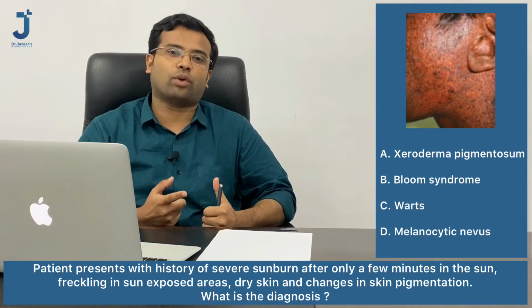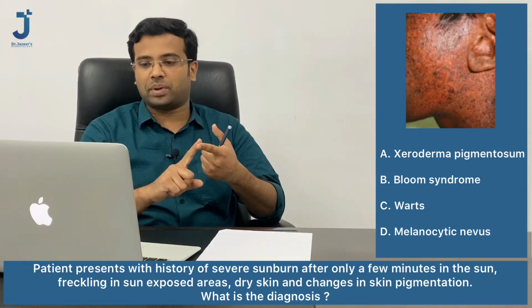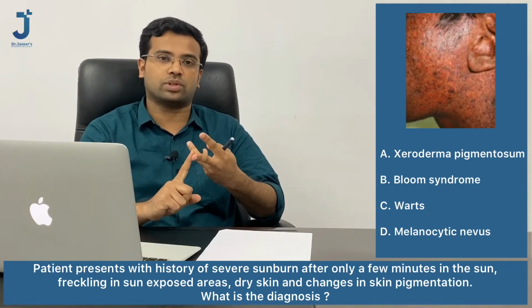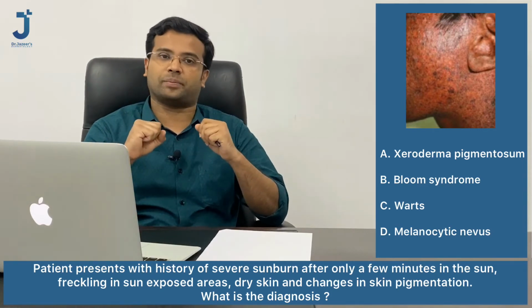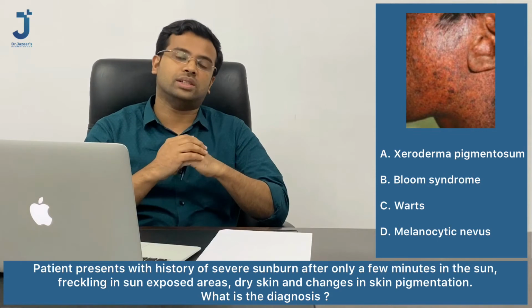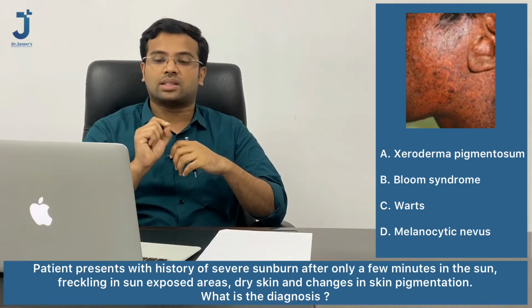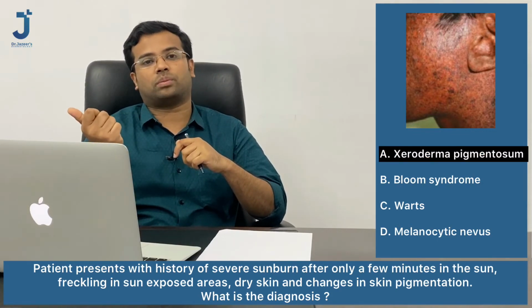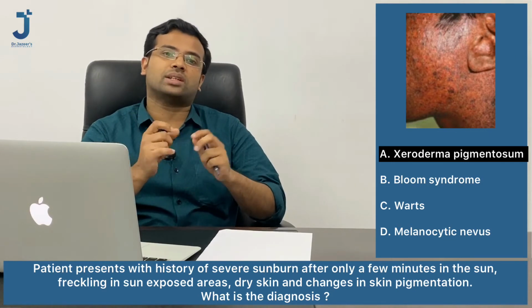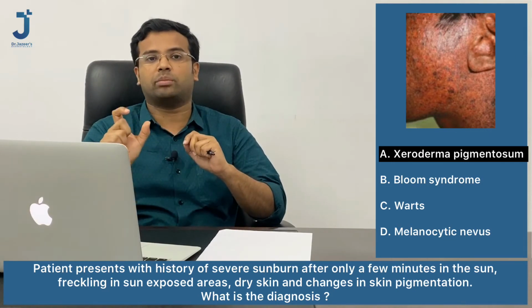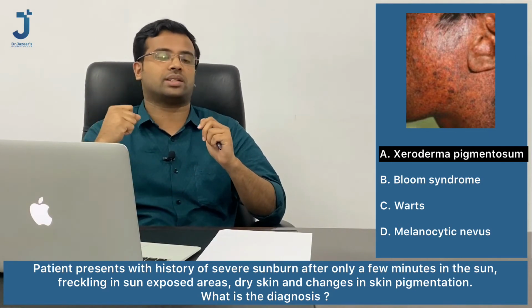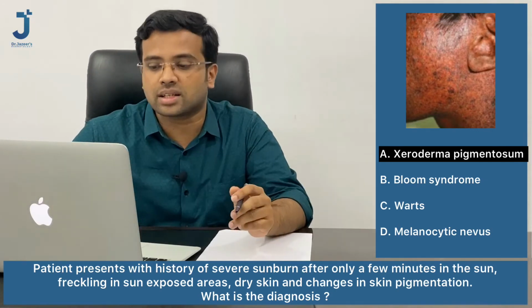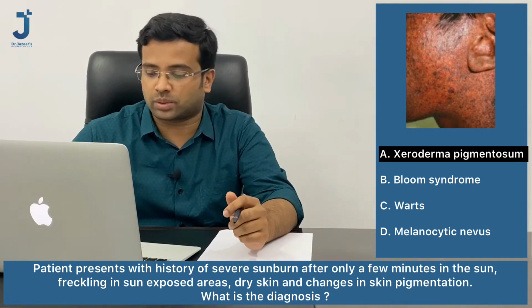Photosensitivity, hyperpigmentation, freckling in the sun exposed area, dryness of the skin, all these hint to a genodermatosis called xeroderma pigmentosum. Xeroderma means dryness of the skin and pigmentosum means there is pigmentation happening. So the right answer here is xeroderma pigmentosum.